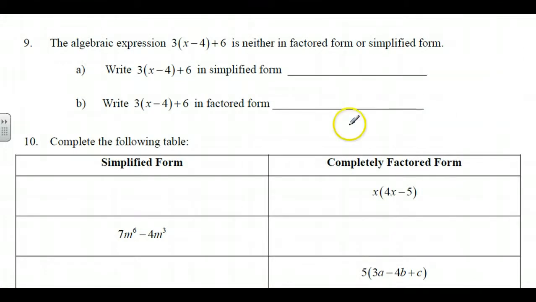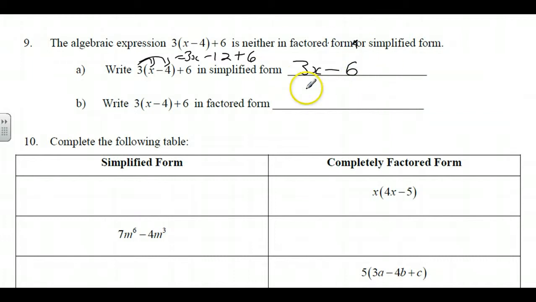The algebraic expression 3(x minus 4) plus 6 is neither factored nor simplified. Should it be neither nor? I don't know, that's just messy. Write in simplified form, so we have to multiply this out. 3x minus 12 plus 6 equals 3x minus 6.